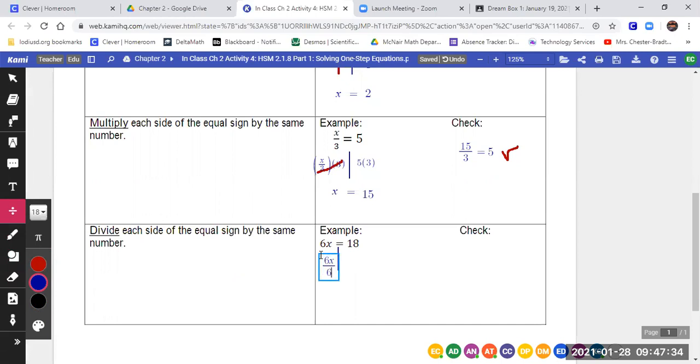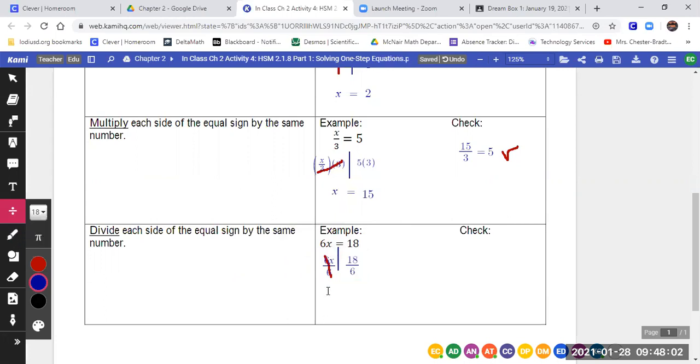it becomes 1, right? 6 divided by 6 is the number 1. Yes? And we don't need to multiply by the number 1. So that was the big 1. But whatever we do to the left side, we have to do to the right side. And then we have our final answer.